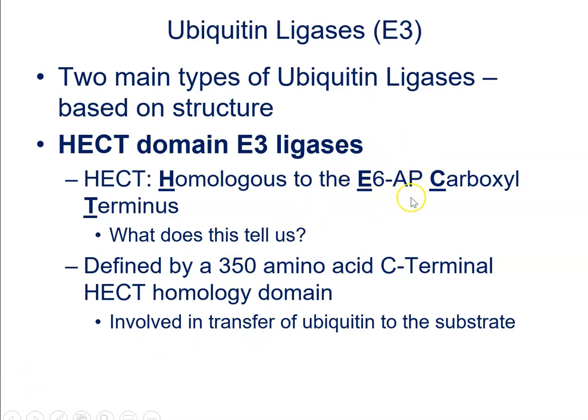Some of you may well have written your essays about E6AP. E6 is the human papillomavirus E6 oncogene, oncoprotein, and E6AP is absolutely crucial in allowing human papillomavirus to degrade p53. So this is the family of E3 ligases where MDM2 would sit.